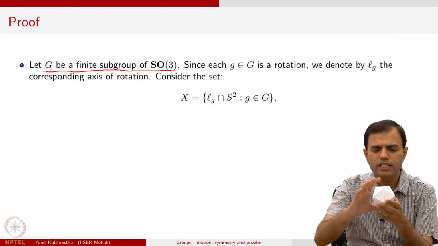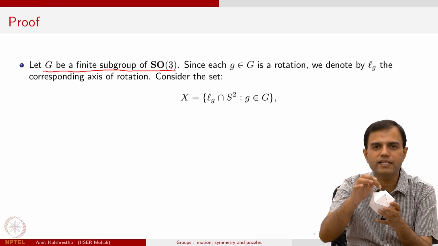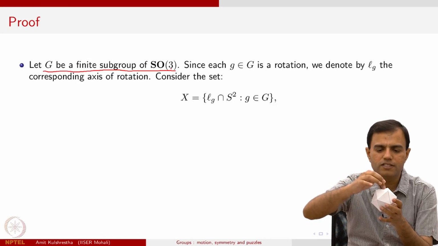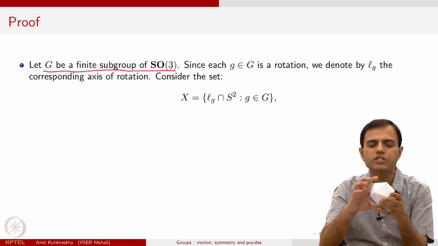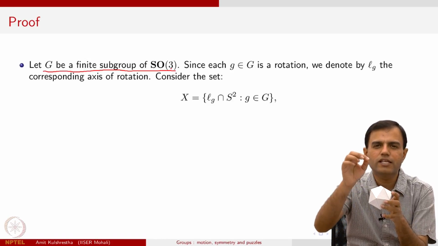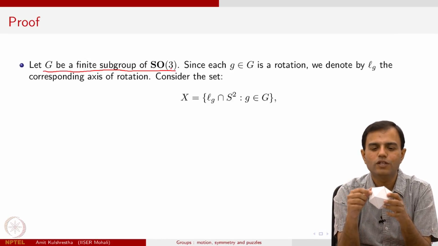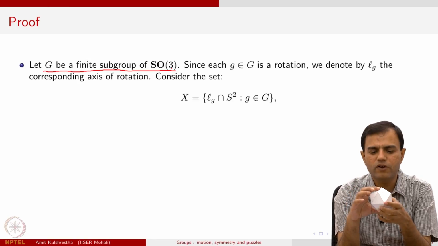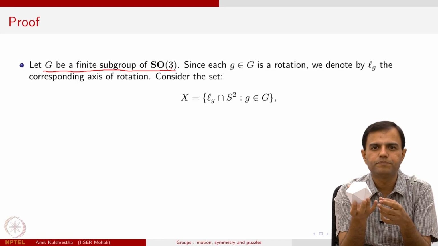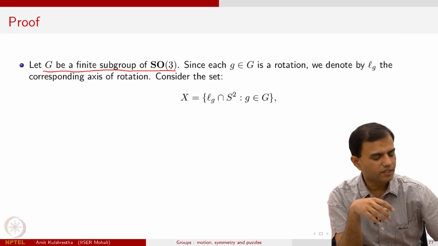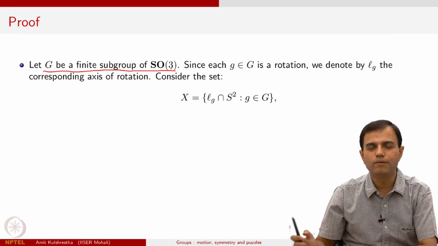If you just extend them to touch the sphere, similarly you extend the bottom to touch the sphere, then the point where it touches the sphere is again going to be called a pole, and similarly for edges. So all these things are going to be poles for this object. So I start with some consideration on poles.